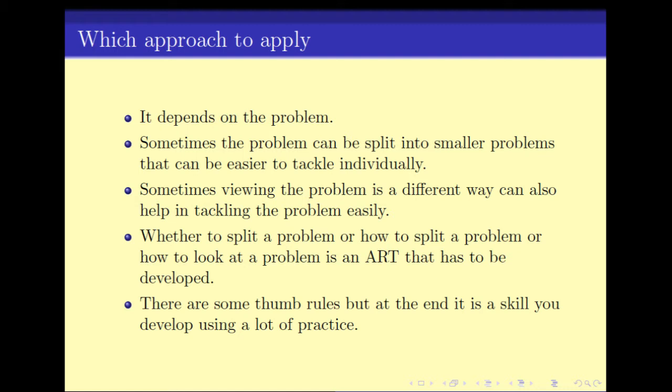Some problems can be split up into smaller parts, or viewed in a different way which might help in solving the problem. But at the end of the day, whether to split a problem, how to split it, or how to look at it differently, everything will depend upon your creative mind.